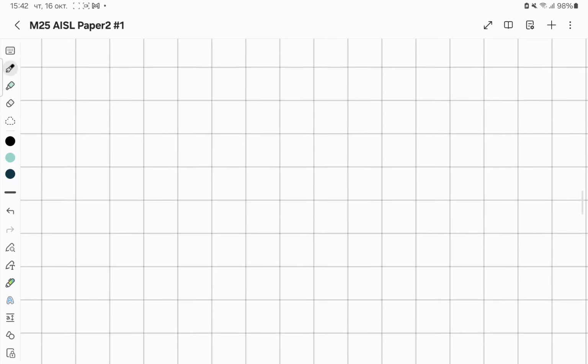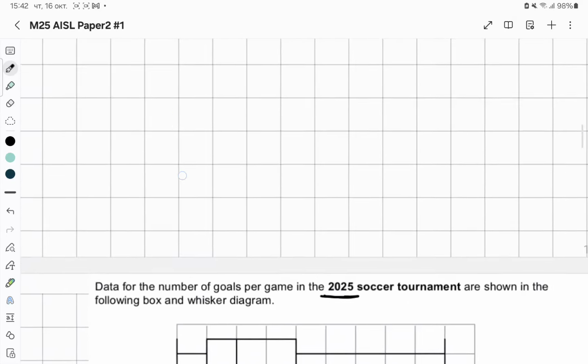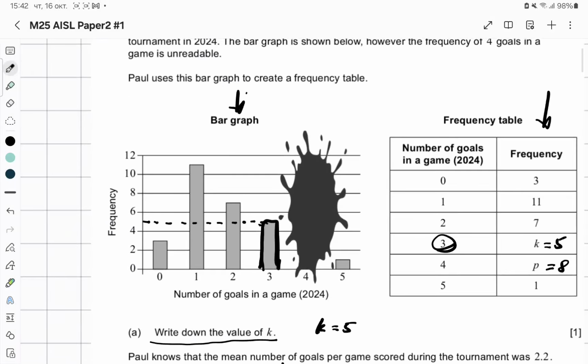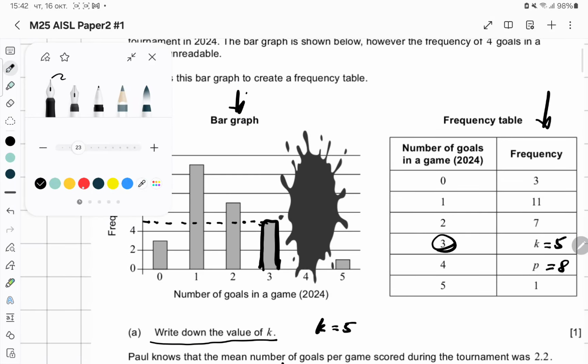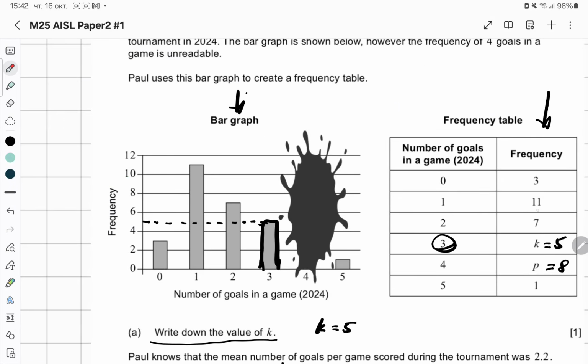So if we look at the table, let me write using a red color. If in the first game he scored 1 goal, it means that for the second game it will be 10 goals out of the total number of goals.